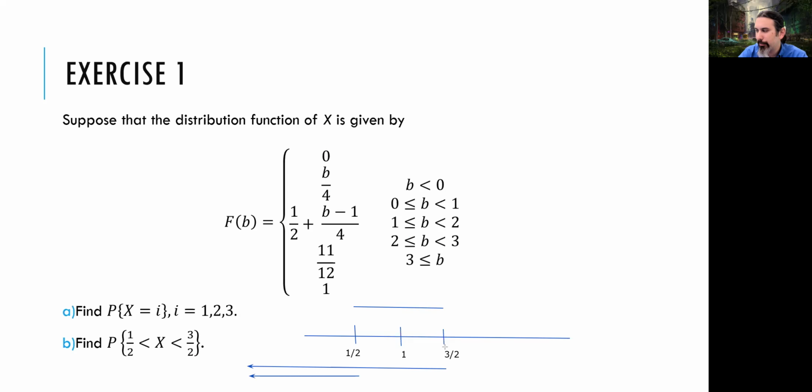If I take the difference between these two values, these two arrows, I will find this part anyway. Can you see it? This is the cumulative of 3 over 2. Let's just write them here. So this is the F of 3 over 2, and this is F of 1 over 2. If I take the difference between these two, I'll find this part.